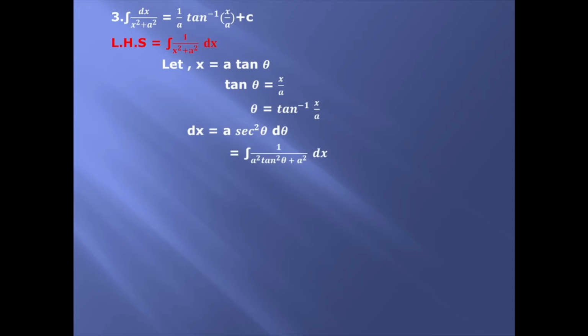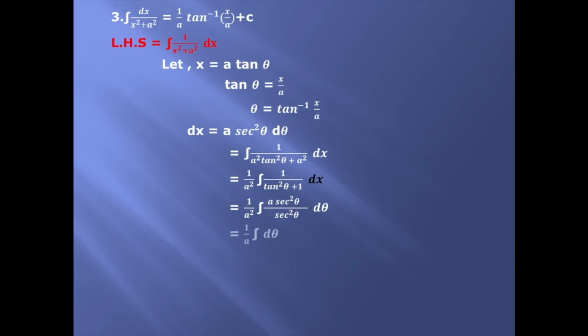Then our integral will become integration of 1 by, instead of x square, a square tan square theta plus a square, times dx. But instead of dx, we can write a secant square theta d theta.